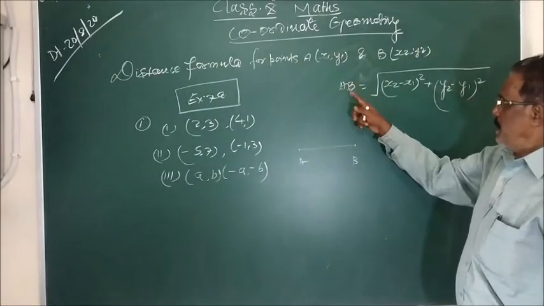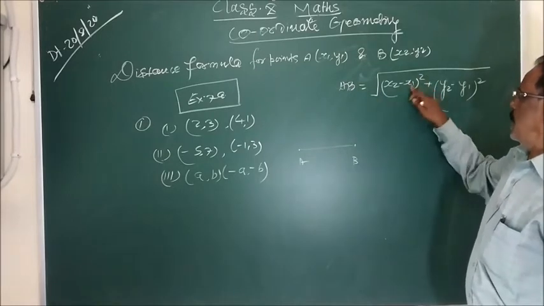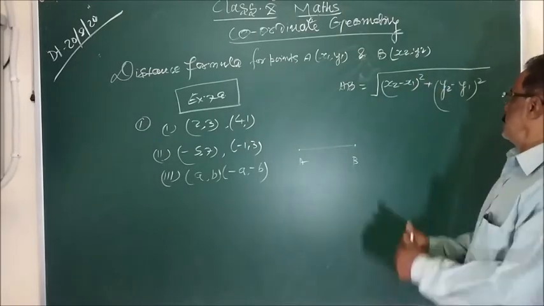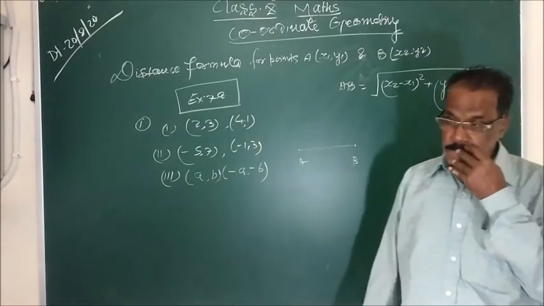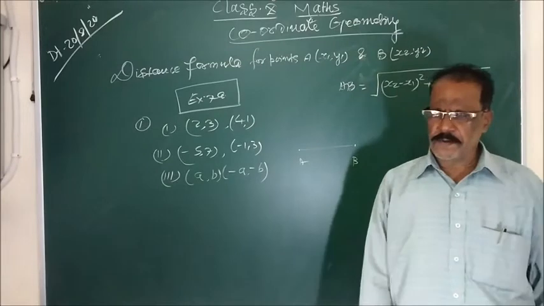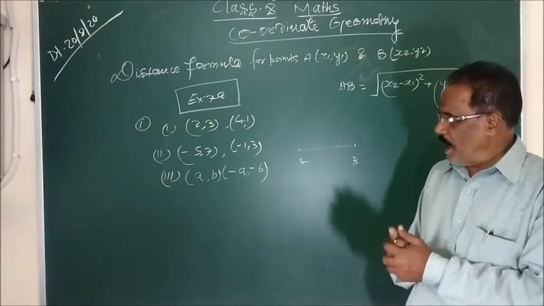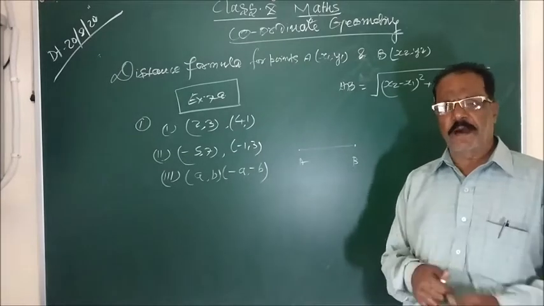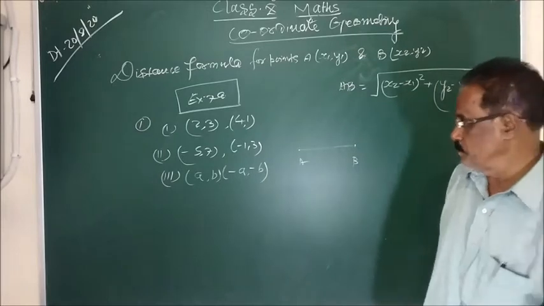So AB, the distance between these 2 points, will be the square root of x2 minus x1 whole square plus y2 minus y1 whole square. I have explained how you can derive this formula, but now in the problems you have to directly use the formula and you will find the solution.